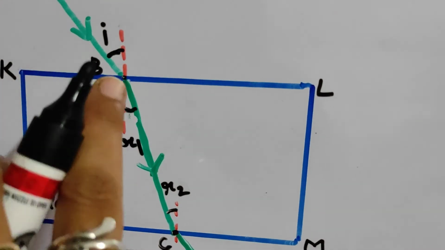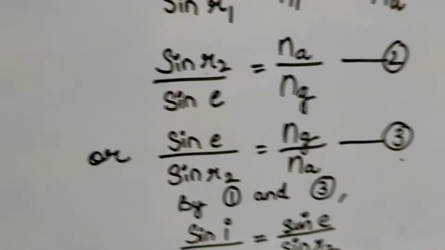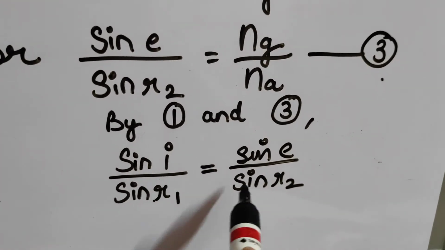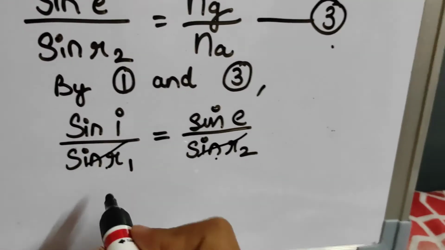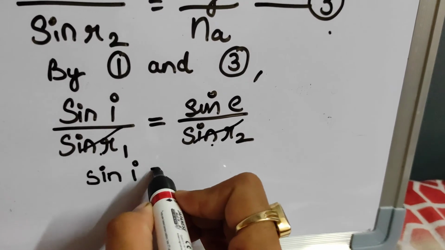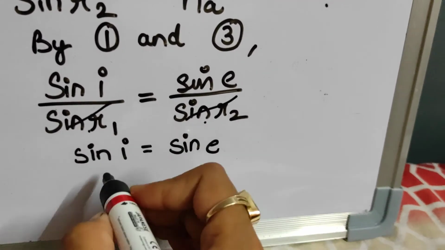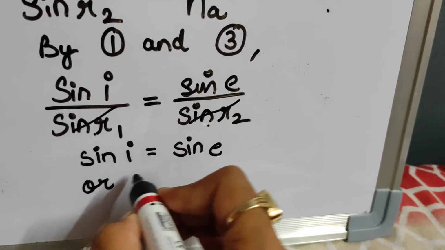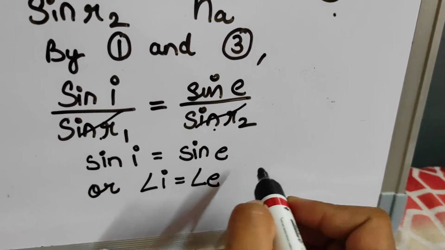But we know, as I have already told you, that angle r1 is equal to angle r2. So these two will be equal and can be cancelled. Now we are left with sine i equals sine e, or by this we can say that angle i is equal to angle e.